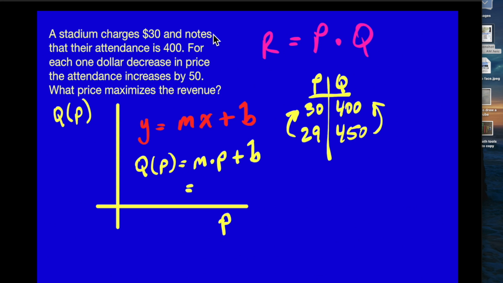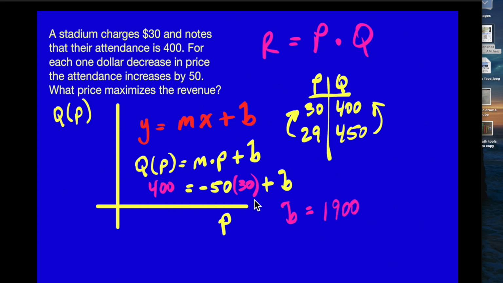So with a slope of negative 50, we now need to find the y-intercept of this line. We can plug in either of these 2 points to get that b value. So let's plug in the first point. So we have an output of 400 when our price is at 30. So you're going to have 400 equals negative 1500 plus b, and eventually you're going to get a b value equal to 1900.